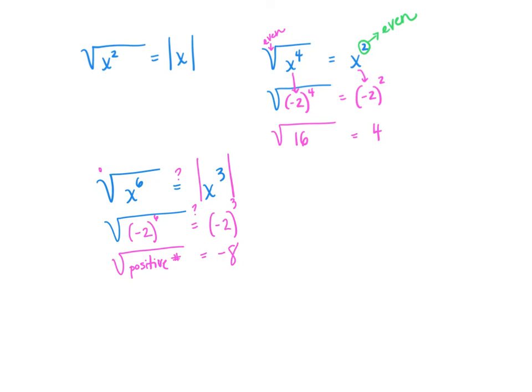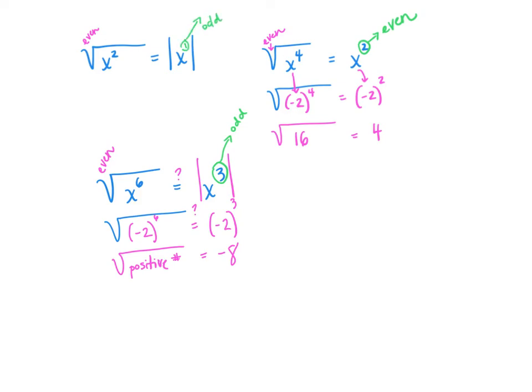So remember, this is an even root. Now what I want you to notice is this exponent in your answer. It is odd. Well, that follows the same pattern as up above. Here you have an even root, and the x to the 1st was odd.